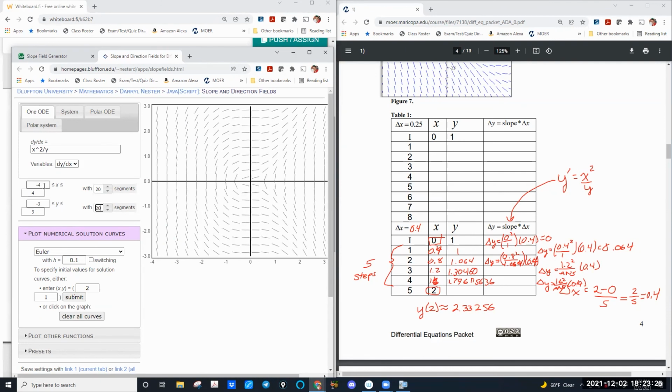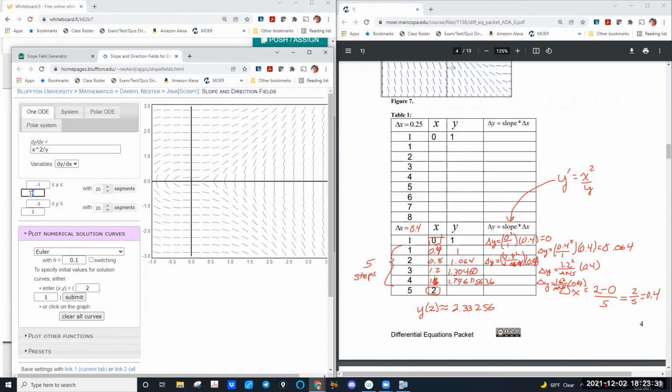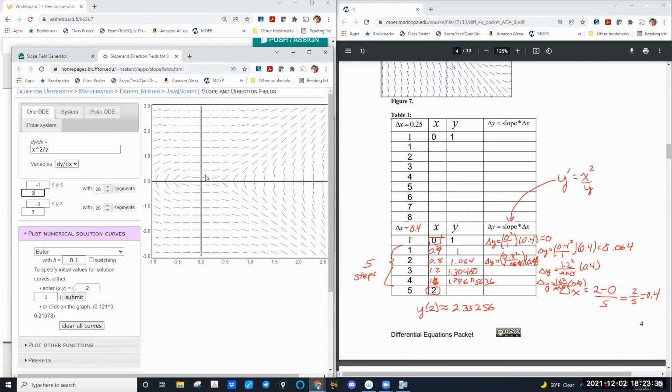We only care about 0 to 2. And our initial condition was 0, 1, which is about right here. And if we follow our slope field, see how it's concave up? It kind of curves upwards, right?